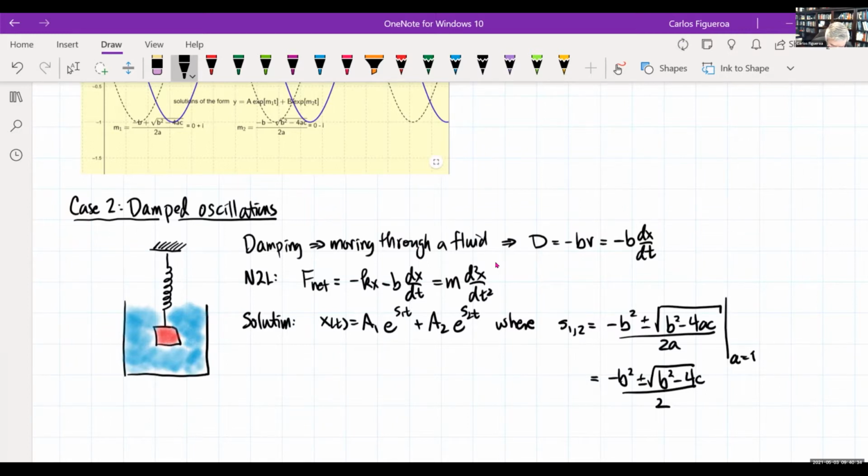What we're saying here is that the important piece is the stuff under the square root.